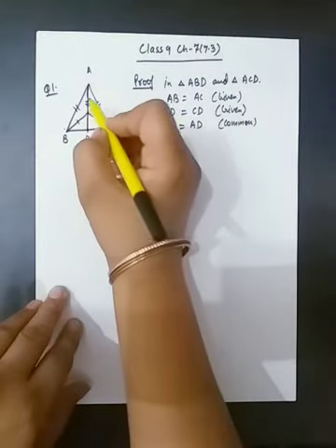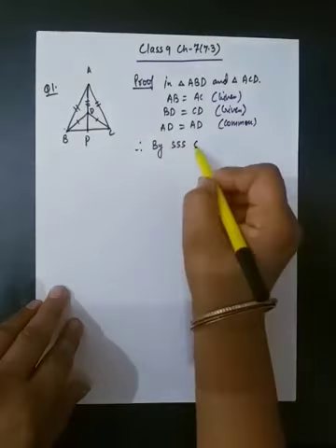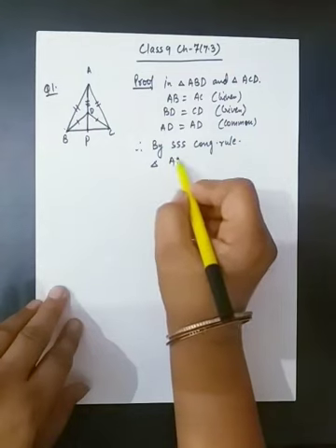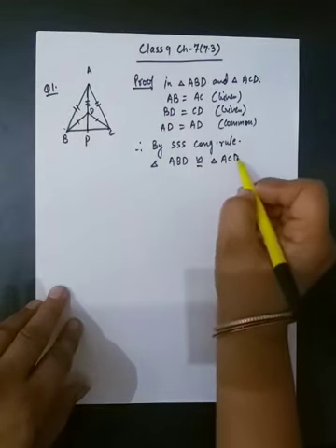So therefore by SSS congruency rule, triangle ABD is congruent to triangle ACD.